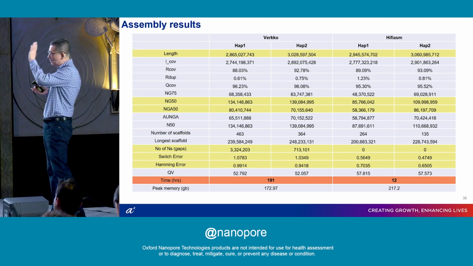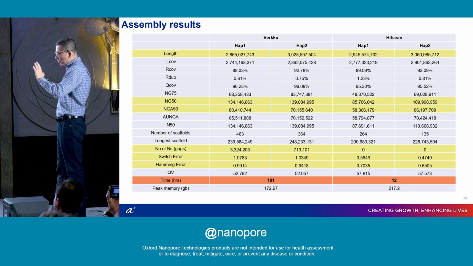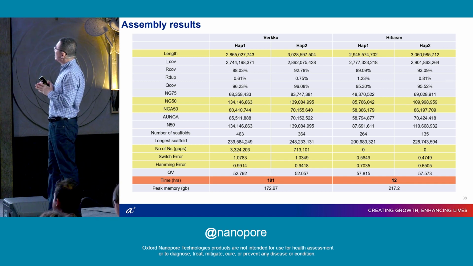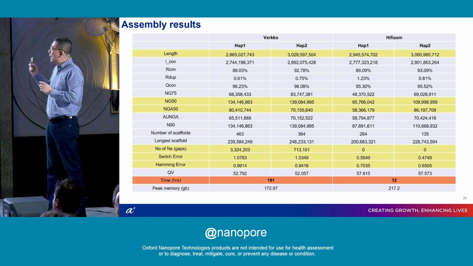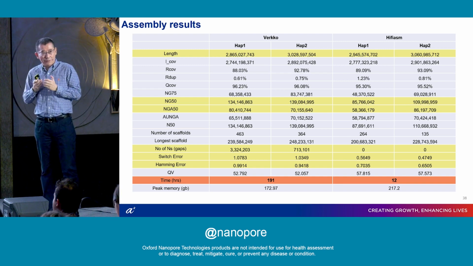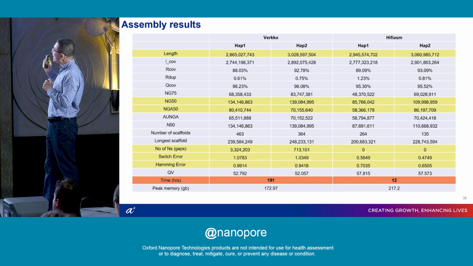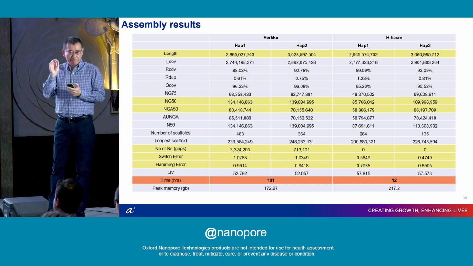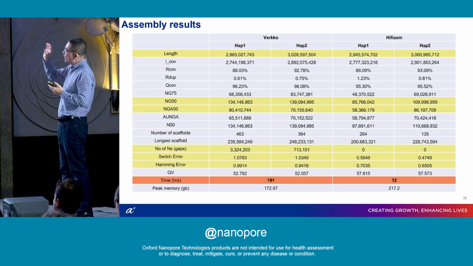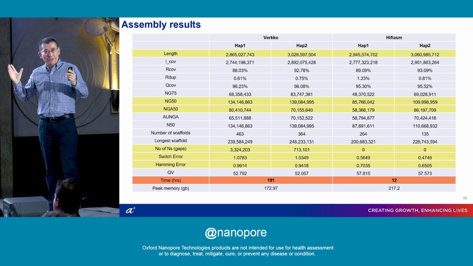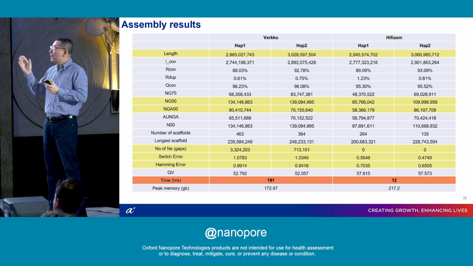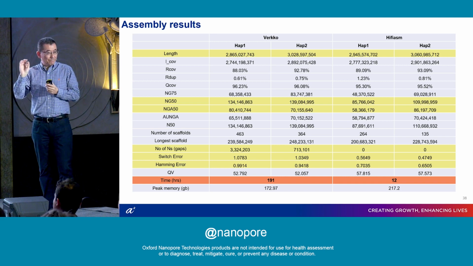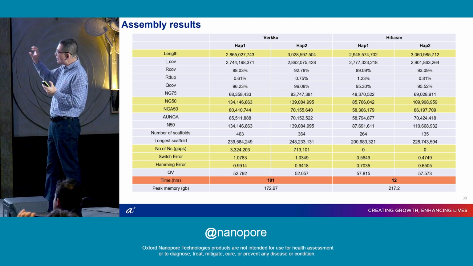On the left side is the outcome from Verkko, and on the right side hifiasm. If you compare these two algorithms, hifiasm will generate slightly longer genome assemblies, but if you look at the length of the contigs, then Verkko is probably a little bit longer than hifiasm.